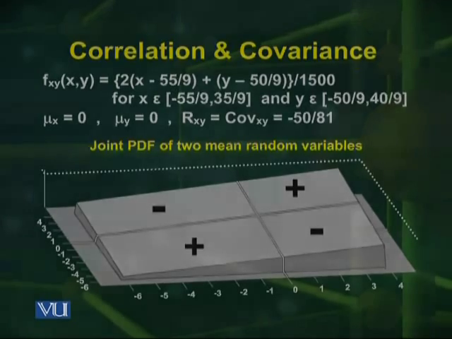This shift of the joint PDF has resulted in two new random variables. Now this joint PDF is for two random variables x dash and y dash, where x dash is x minus mu x and y dash is y minus mu y.